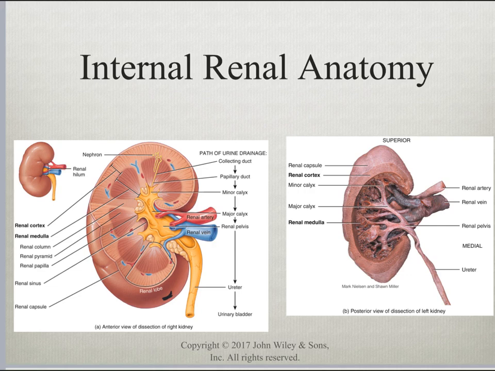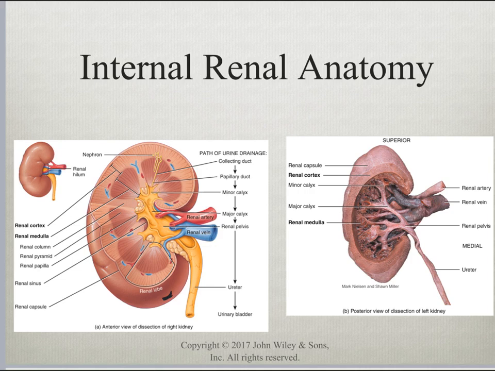And we start right here. This is our first set of funnels, the smallest funnel. It is known as the minor calyx. Now, all these 1, 2, 3 minor calyces are going to drain into this larger funnel.